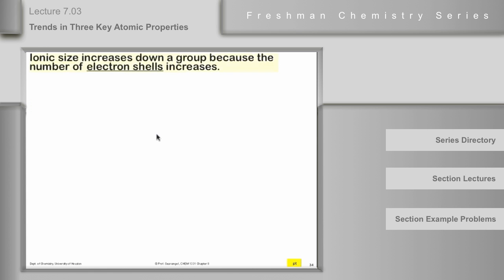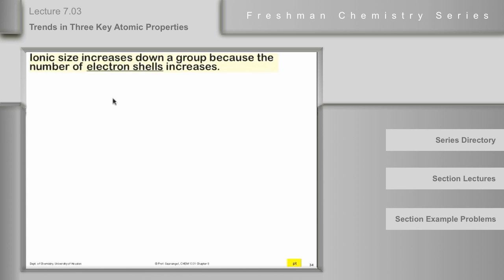Now, ionic size increases down a group of comparable ions. Let's say lithium ion, lithium plus, sodium plus, potassium plus. Potassium is the largest one because the number of electron shells increases every time you step down the group. So ionic size increases down a group for the same reason that atomic size does.